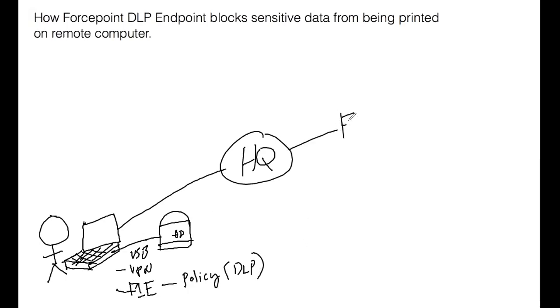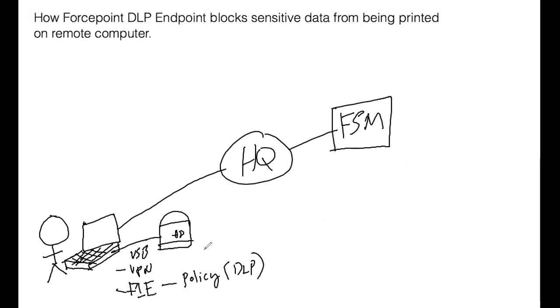Okay, we call it the FSM, Forcepoint Security Manager. Okay. So now this endpoint agent has a copy of all the policy. So if a user tries to print sensitive data to the printer, it will be blocked at the endpoint level.